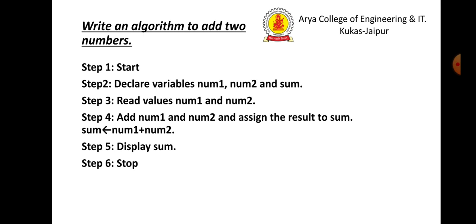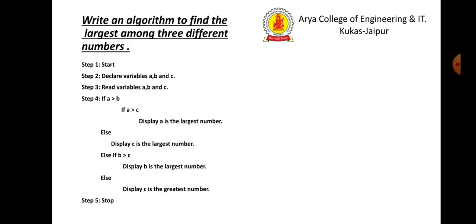Step 4 add num1 and num2 and assign the result to the sum variable. Simple processing that we do in our program. Then step 5 display sum, print the result. Then step 6 stop.